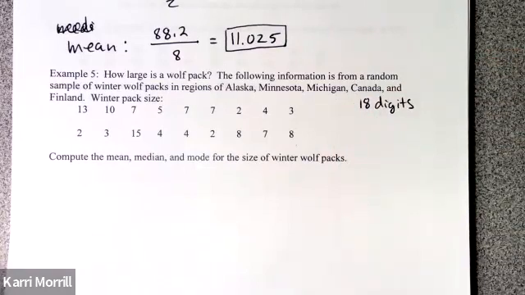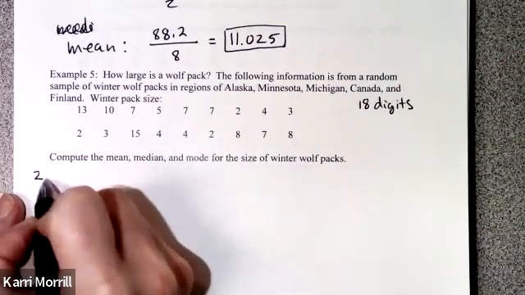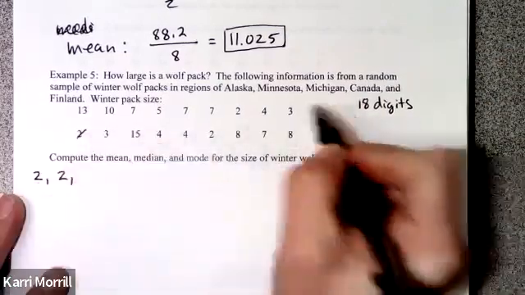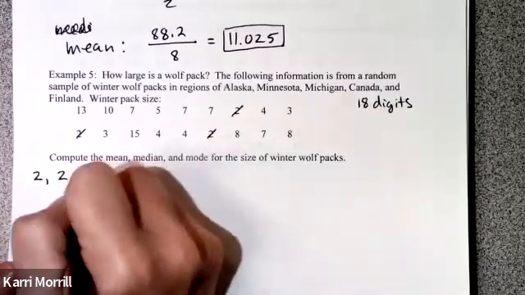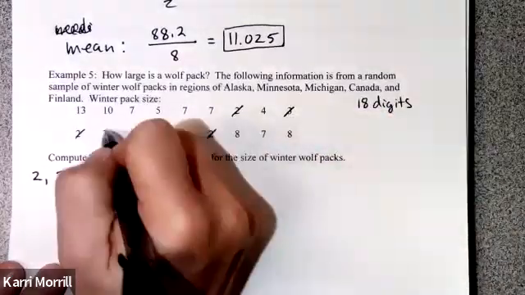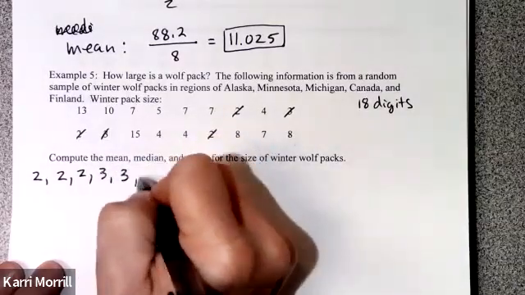Okay, so we're going to compute our mean, median, and mode again. You would really want to put it in order from least to greatest, so I'm going to do that. We have 2, 2, and another 2. Then we have 3, 3. Then we have 3 4s.